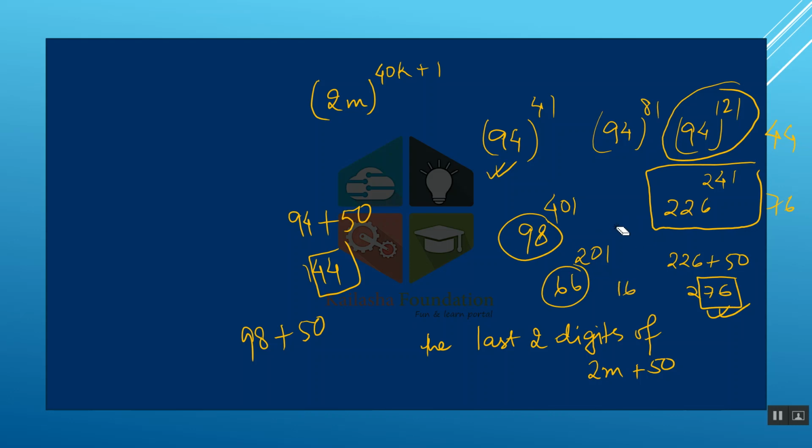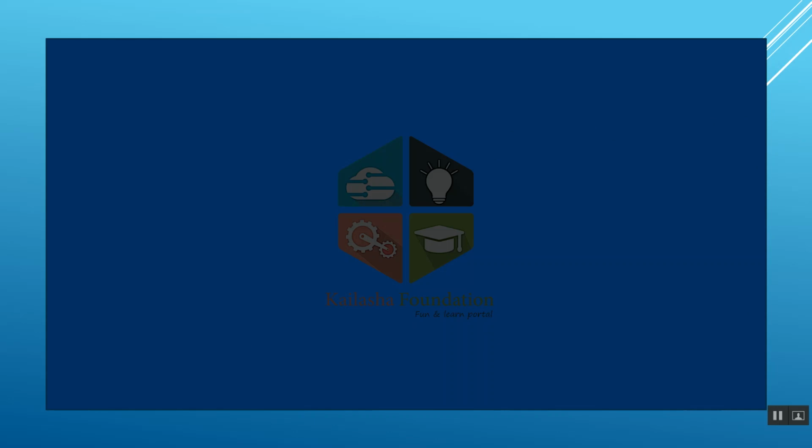Okay, so this is how it works. Now all the remaining cases. Let me help you revise what we have learned. At first, 41015 raised to the power 1035.